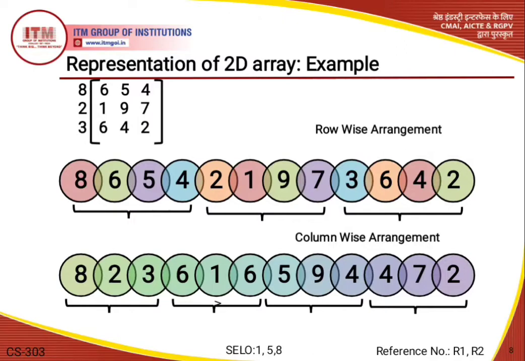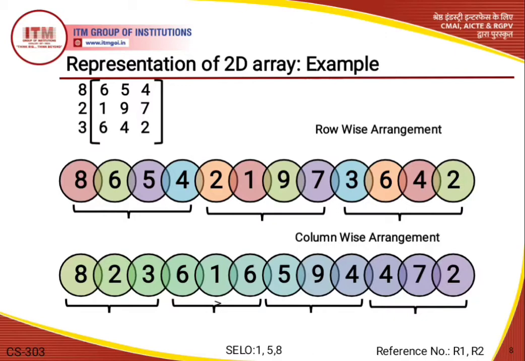This is the simple matrix which is indicated here, and when it comes to row wise, in row major form, all the elements of the first row are stored, then the elements of the second row, and so on to the last row.